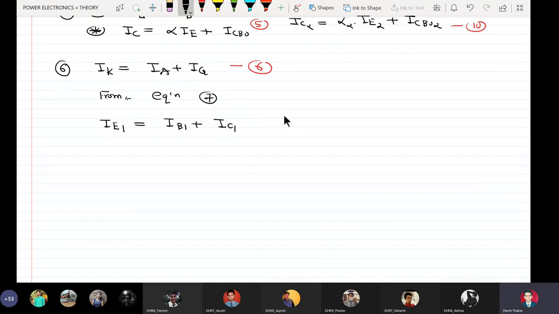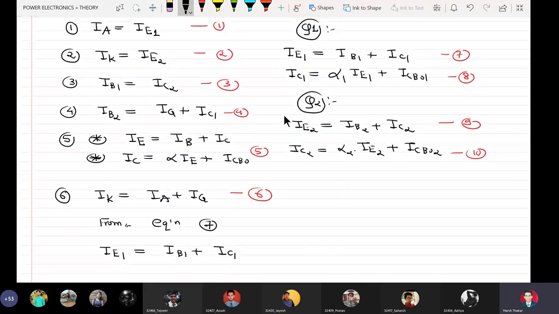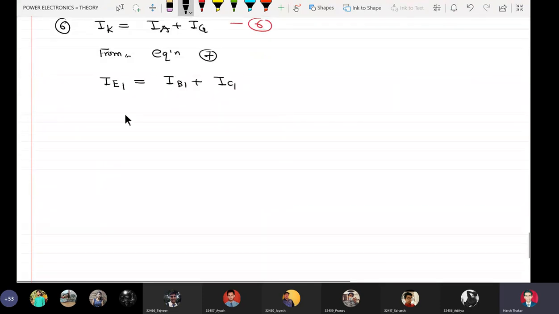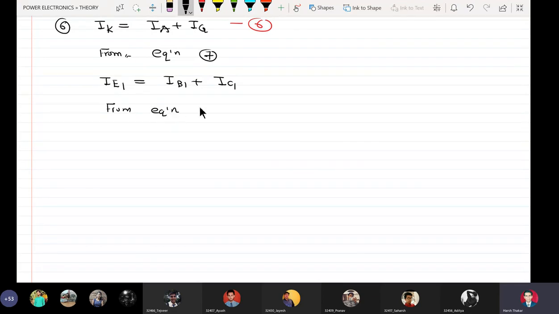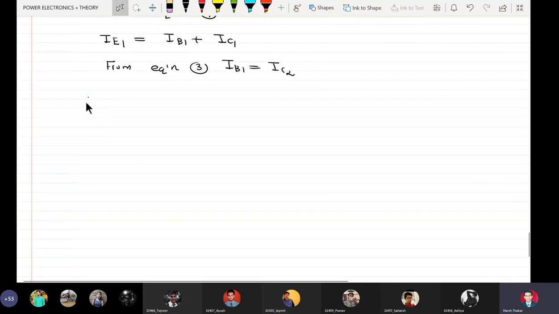But here, from equation number 3, IB1 is equal to IC2. Therefore, I say that IE1 is equal to IC2 plus IC1.